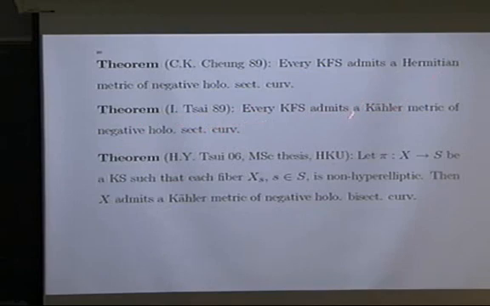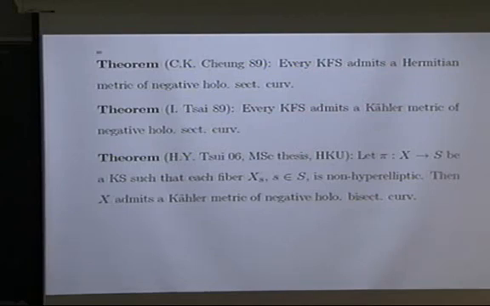But as I say, to get negative holomorphic sectional curvature is not so difficult, because remember here you have a fibration, and you can more or less think of it as a product of two Riemann surfaces.